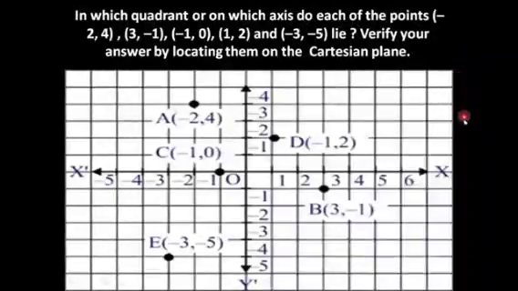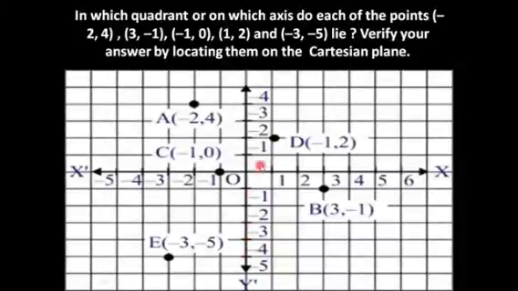So how to give a solution to this question? First, my dear students, you have to draw a Cartesian plane with the x-axis and the y-axis, and then plot the numbers correctly on either side of x and y-axis.